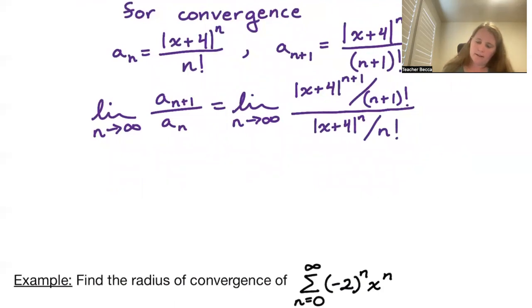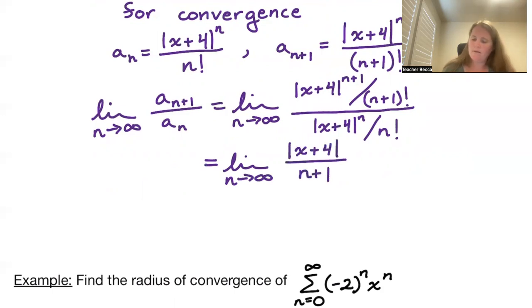This is the exact same thing, doing a little simplification, as the limit as n goes to infinity of the absolute value of x plus 4 over n plus 1. X is fixed. X is not changing. It is only n that is changing. As n goes to infinity, a constant over n plus 1 will go to 0.